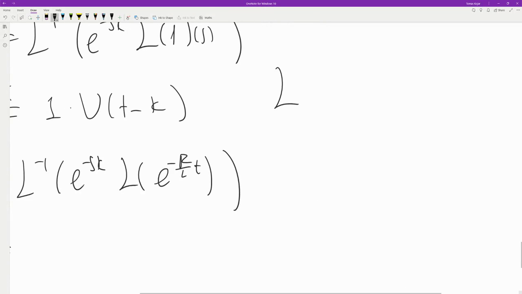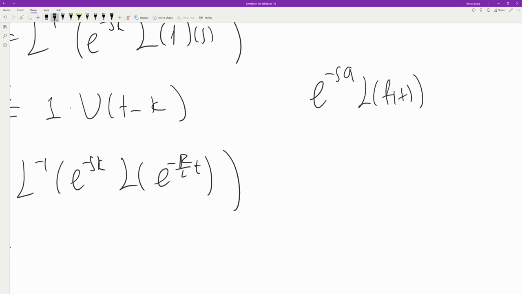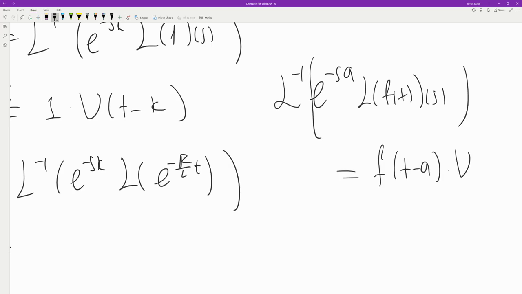So in general, the Laplace transform of the exponential, mirror like this. Right. So you have this function. If you take its Laplace inverse, it's equal to the shifted function times the step function.